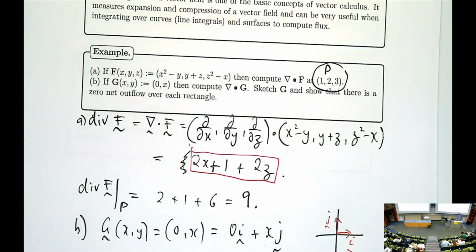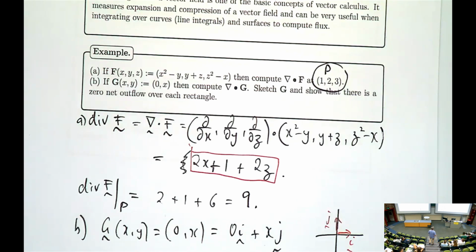So what happens to the length of G as x increases? Here's a good question. What happens to the length of G as x increases? Can anyone predict? As x increases. Doesn't stay the same. Because what happens if x equals 1? What's the vector G? Yeah, it's going to increase.